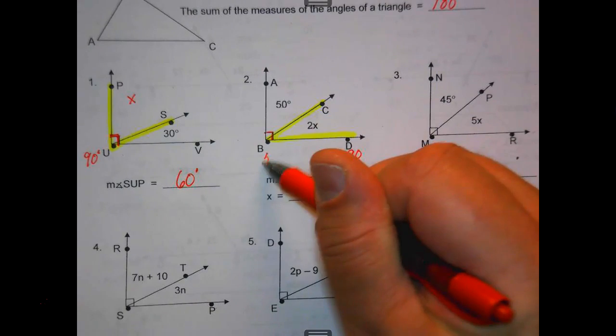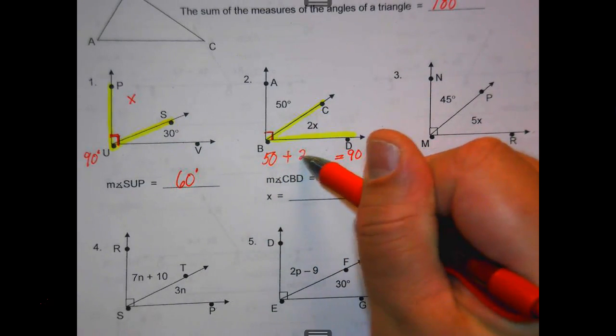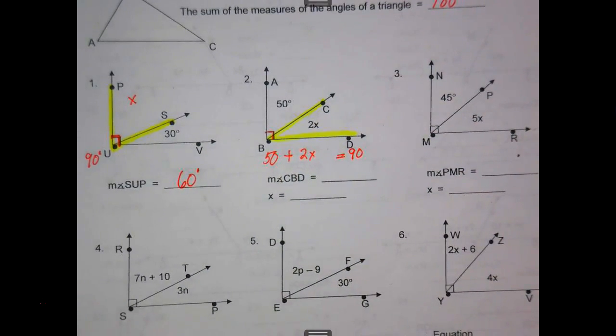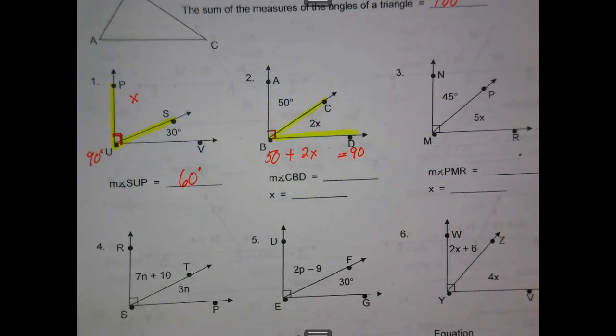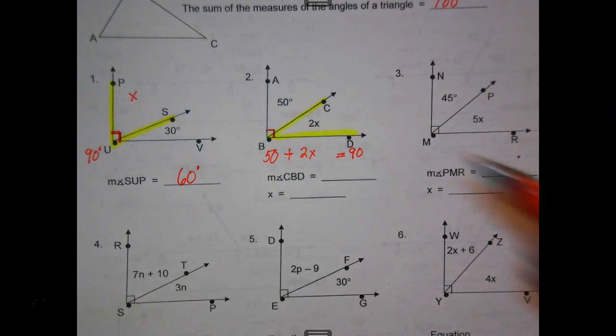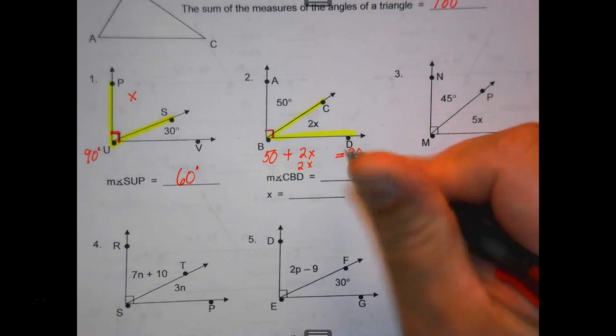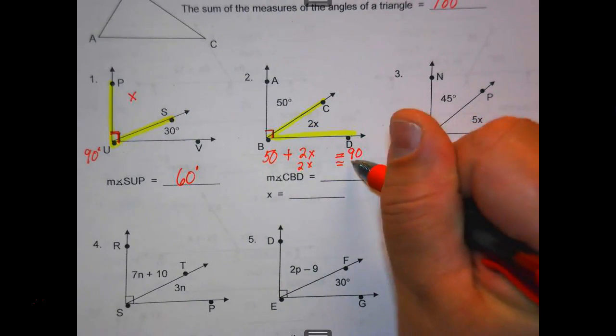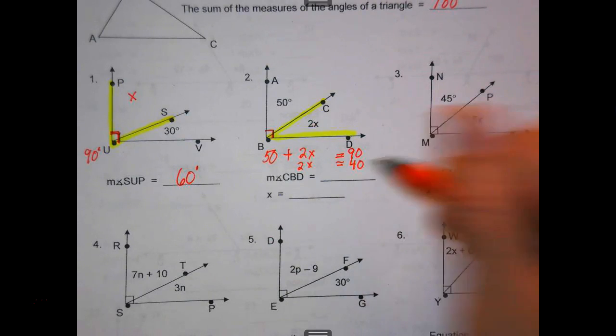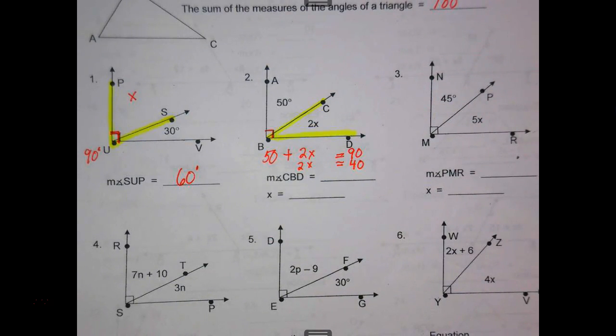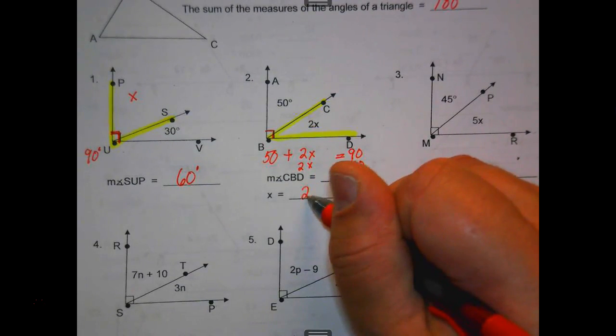So 50 degrees plus 2x has to equal 90. Can you solve that? I'm going to subtract 50 from both sides. 2x is going to equal 40. What does x equal? 20. We have to divide by 2.